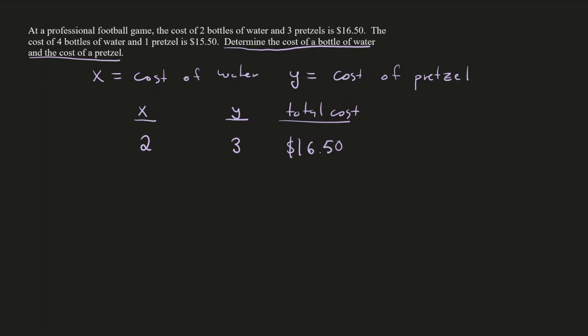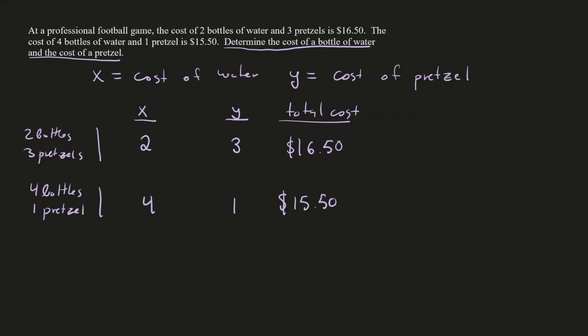I try to break this down into sort of data here. So this first row will be buying 2 bottles and 3 pretzels. Likewise, to buy 4 bottles and 1 pretzel, we have 4 there and 1 pretzel there, that costs a total of $15.50.